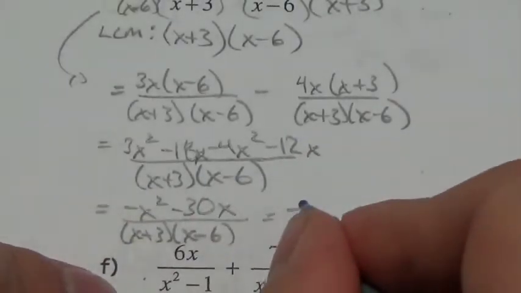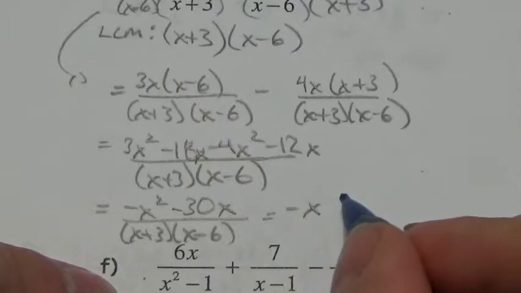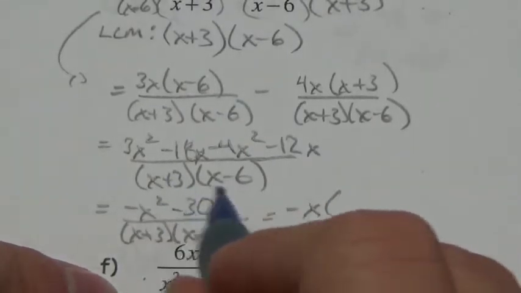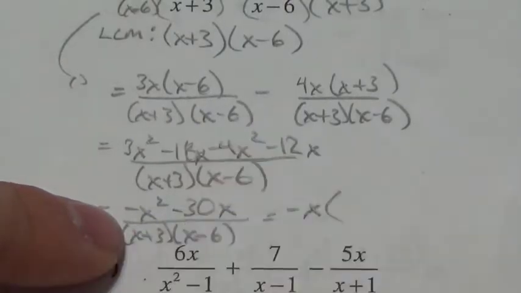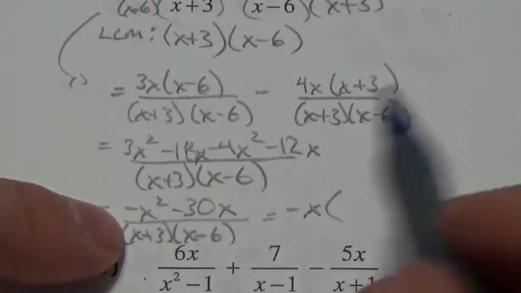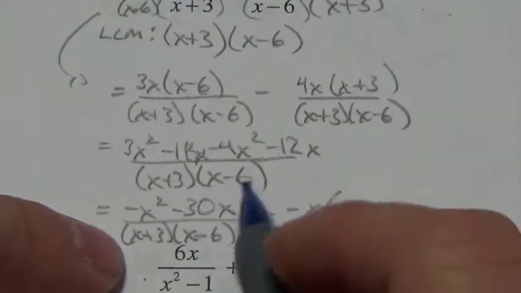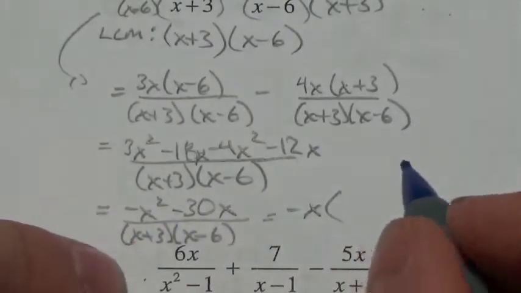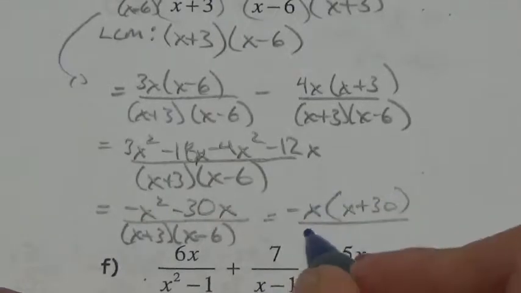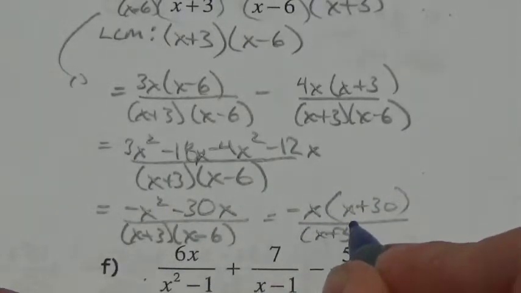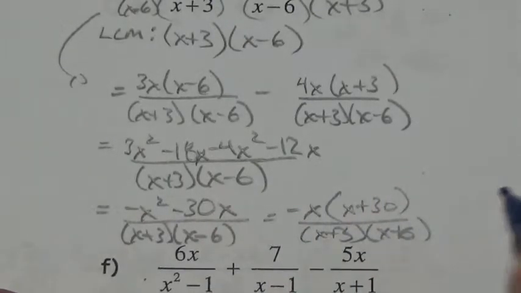I can take out a -x, and that's going to get me... Now, notice I'm not breaking up the 30 into 5 and 6 here because this is just a binomial. It's not a trinomial. Okay? If it's just a binomial, then really what I'm doing here is I'm taking out the common factor. This is going to give me x plus 30 over x plus 3, x plus 6.